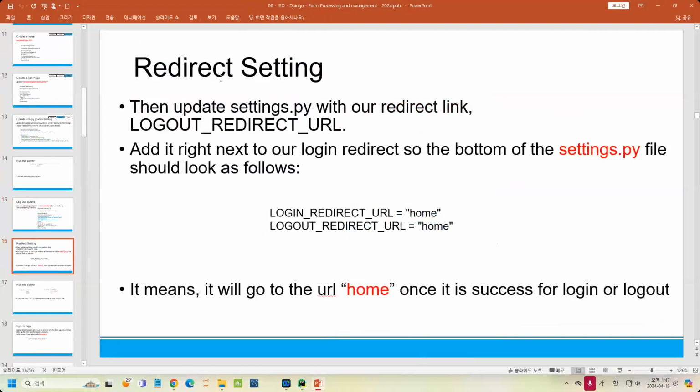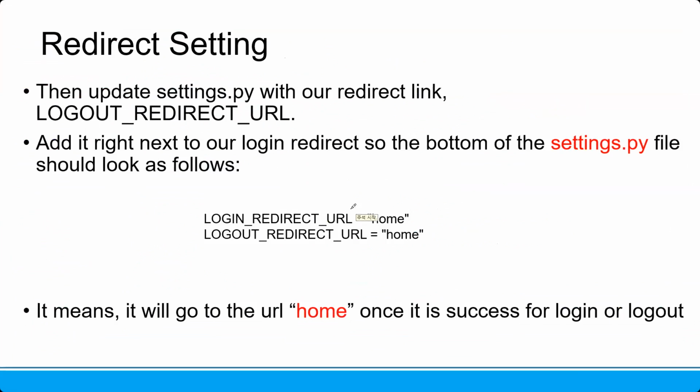And again, for the login and logout from the authentication of Django, we need to set up the logout redirect URL. It means in the first time, we defined the login redirect URL. Login redirect URL means if you succeed in inputting the user ID and password, then you go to one web page or one kind of link. If you do the logout and it is successful, then you will also go to one kind of link.